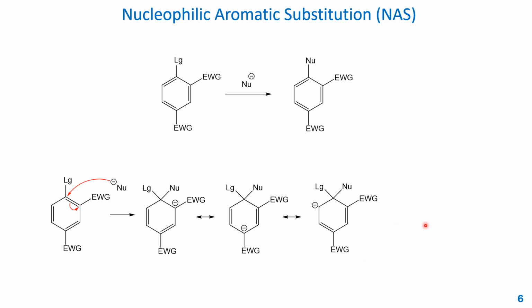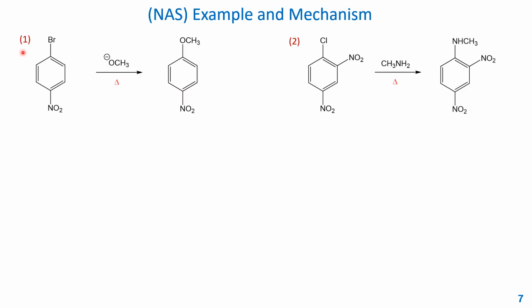Now, the second step is the negative charge, the carbon anion, pushing back and kicking off the leaving group. The product is a substituted benzene. We will have two examples in slides here. First is this para-nitro bromobenzene reacting with methoxide, which is a nucleophile, and the reaction needs heat.